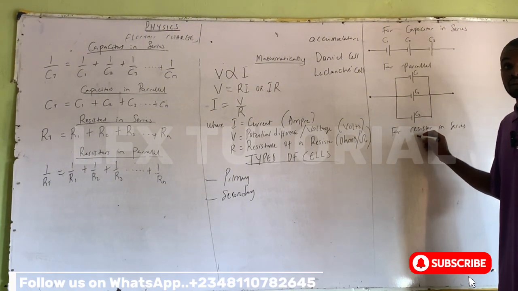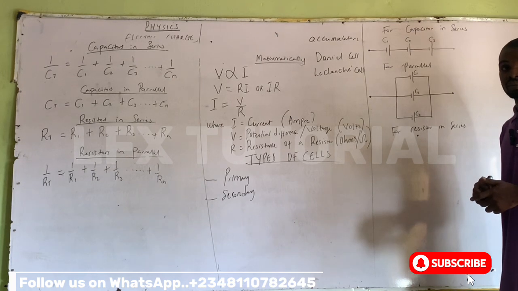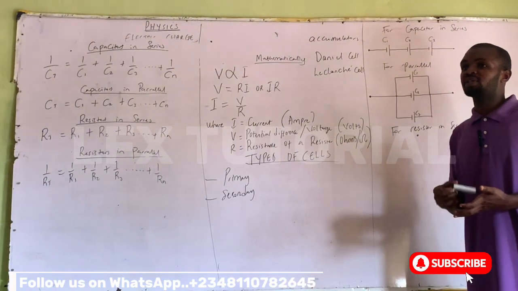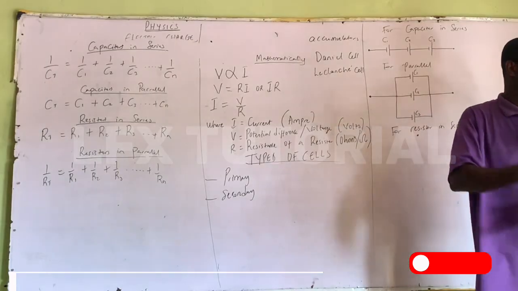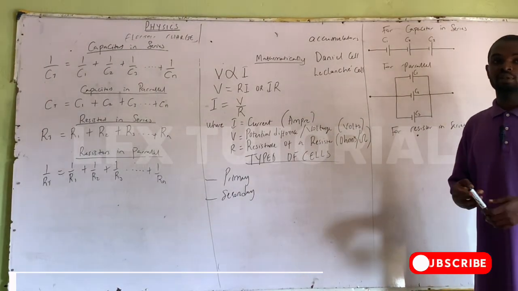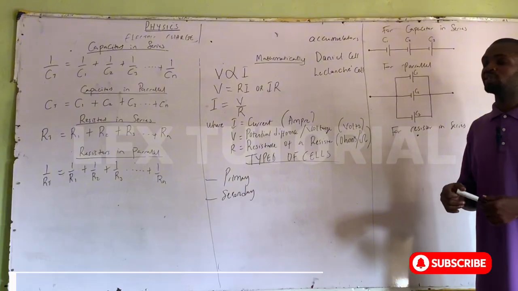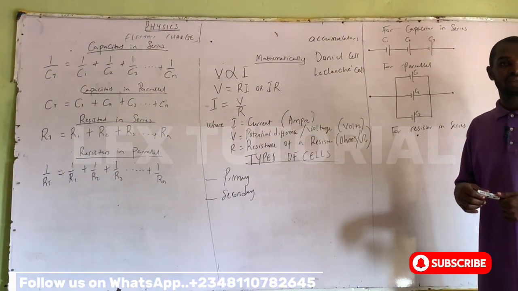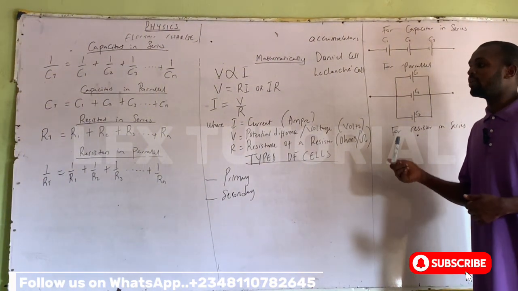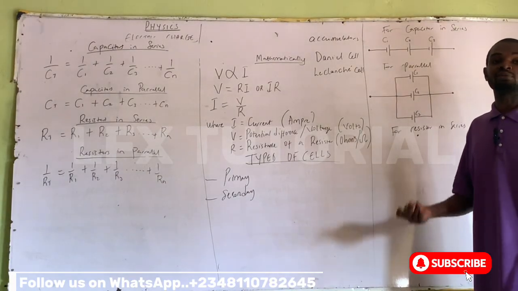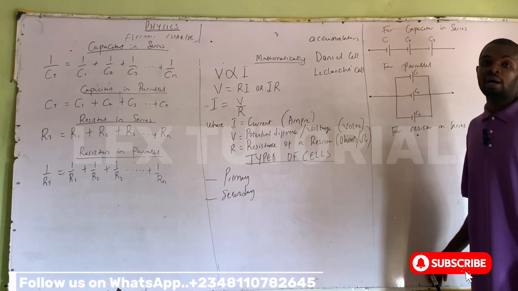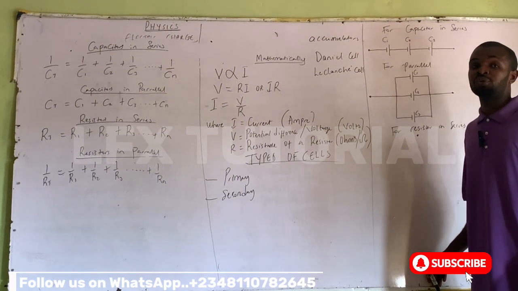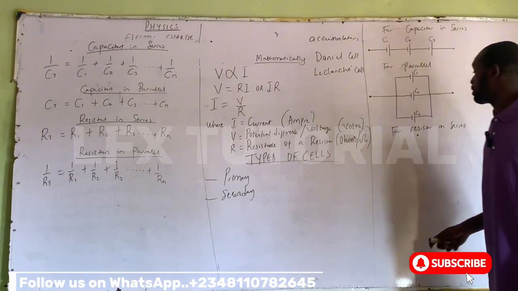Capacitor in series is the same thing as resistor in parallel. Series goes to parallel, parallel goes to series. The capacitor in series is almost the same way as resistor in parallel. Then the capacitor in parallel is the same thing as resistor in series. It's just the opposite. That's why I say you should know one. If it's a resistor you feel like knowing, then you know that one. Are you following? Alright.